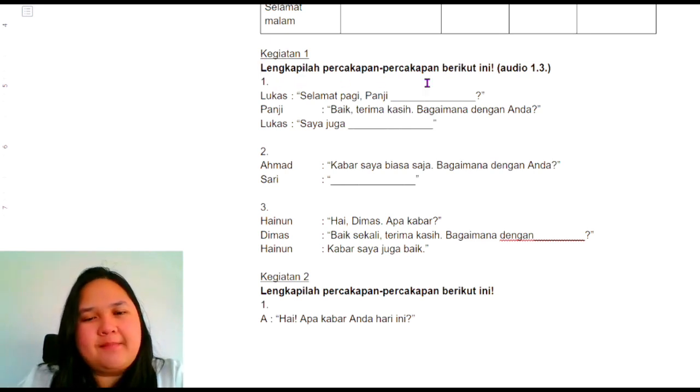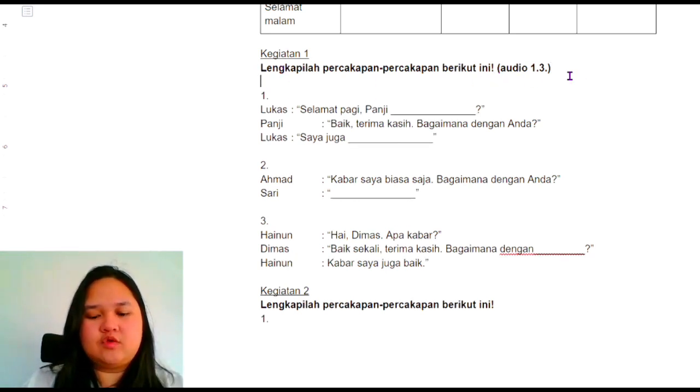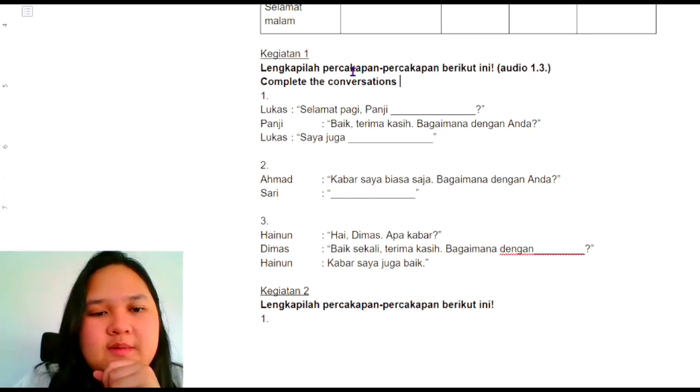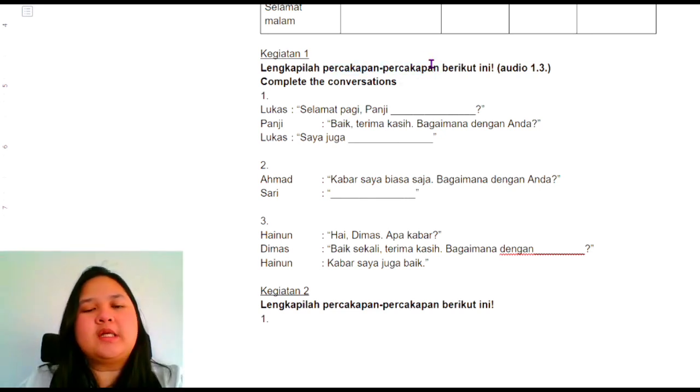Lengkapilah percakapan-percakapan berikut ini. Lengkapilah means complete. Please complete the conversations. Here you would see percakapan. Why is it twice, and why are there stripes in between? Percakapan, if it's just one, means a conversation, singular.